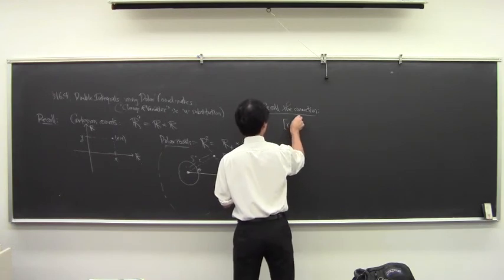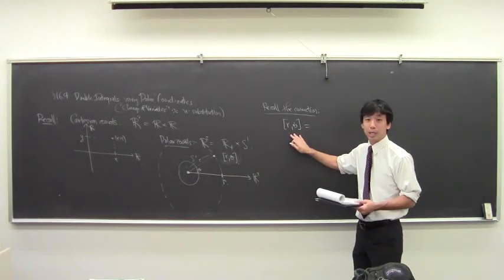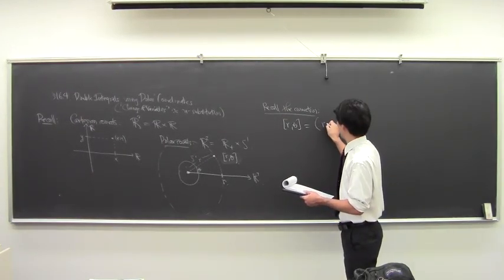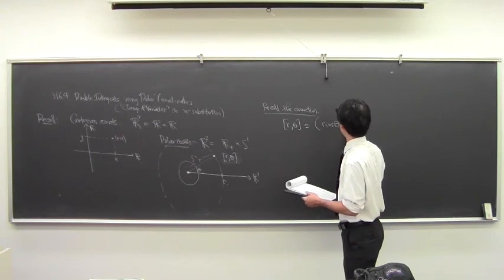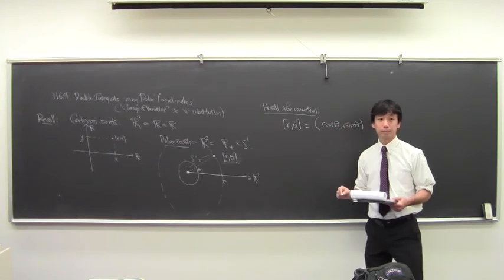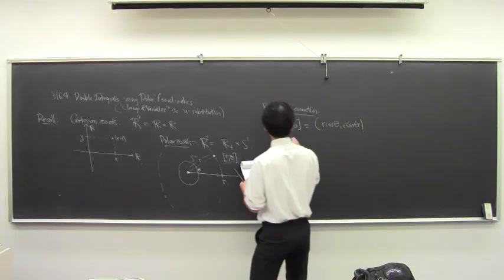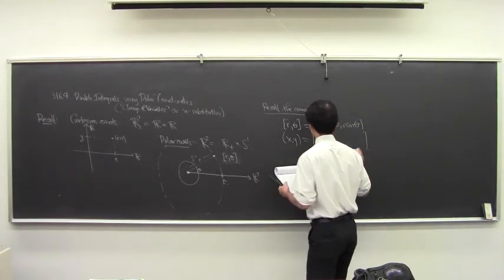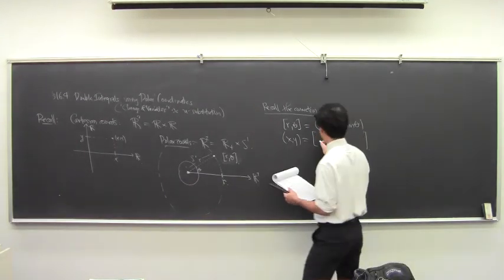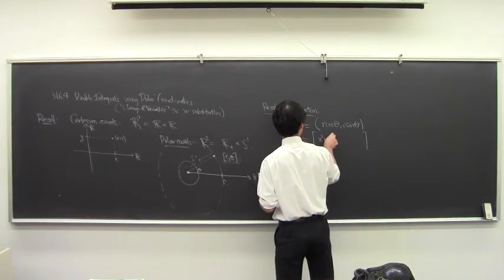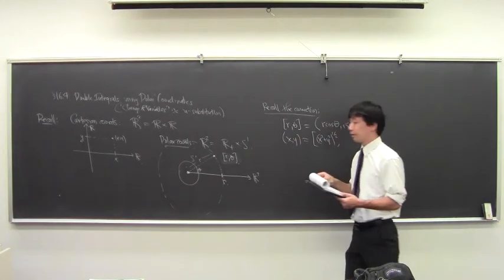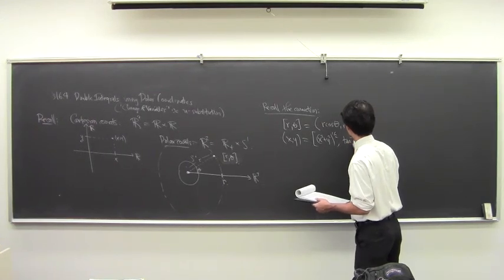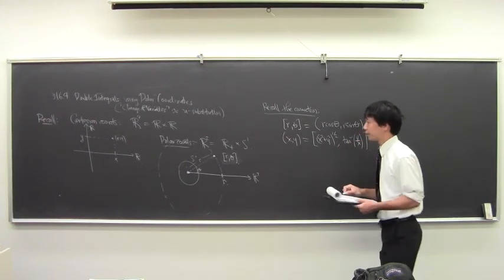If I have a point (r, theta) and I want to describe it using Cartesian coordinates, that's (r cosine theta, r sine theta). And if I have a Cartesian point and I want to describe it using polar coordinates, then r is (x squared plus y squared) to the 1/2, the distance to the origin, and the angle will be tan inverse of y over x.